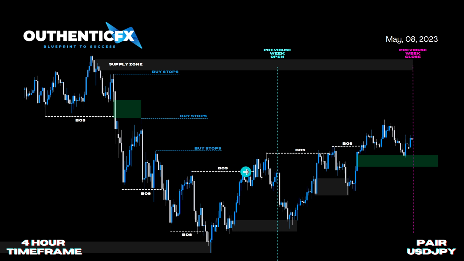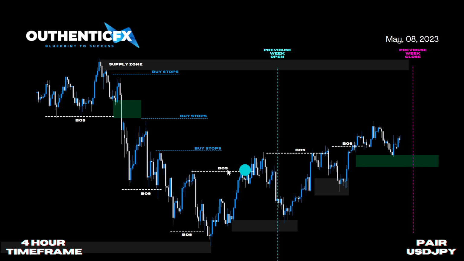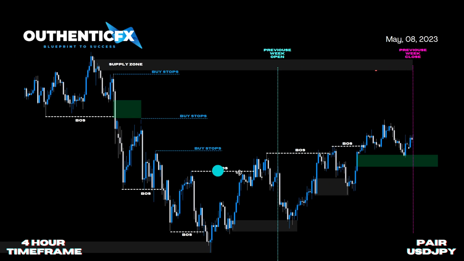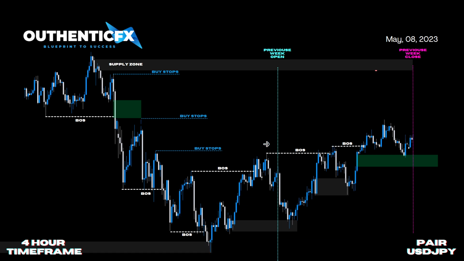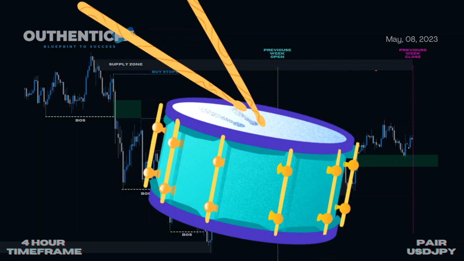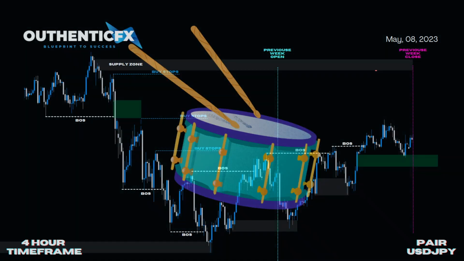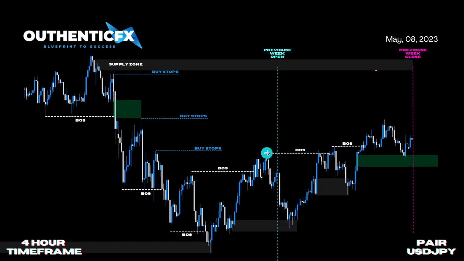This is valid because now, instead of marking up the candle with a wick, we mark up the candle that has a candle body and a wick that breaks structure to the left, right? So we've mitigated the order block down here and created a new expansion. What is next, guys? What we have next is the retracement.